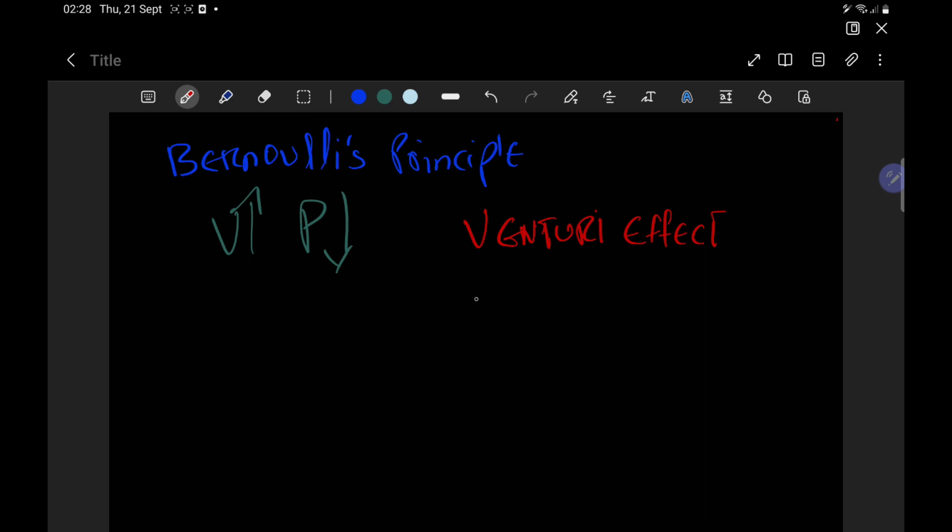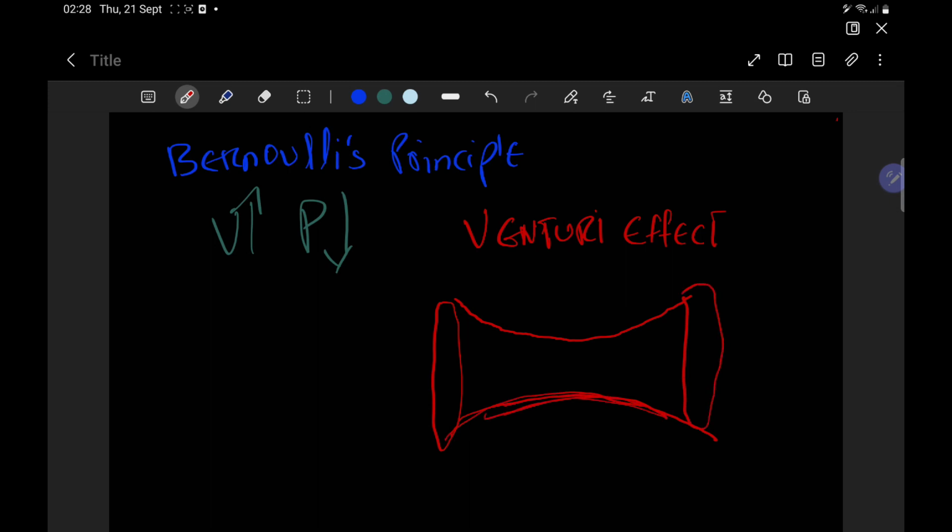In the Venturi effect, we basically take a tube with convergence in between. As we can see, it is a tube which has a slight converging area in the mid part, and the cross-sectional area in the middle is much less than the cross-sectional area at the openings.